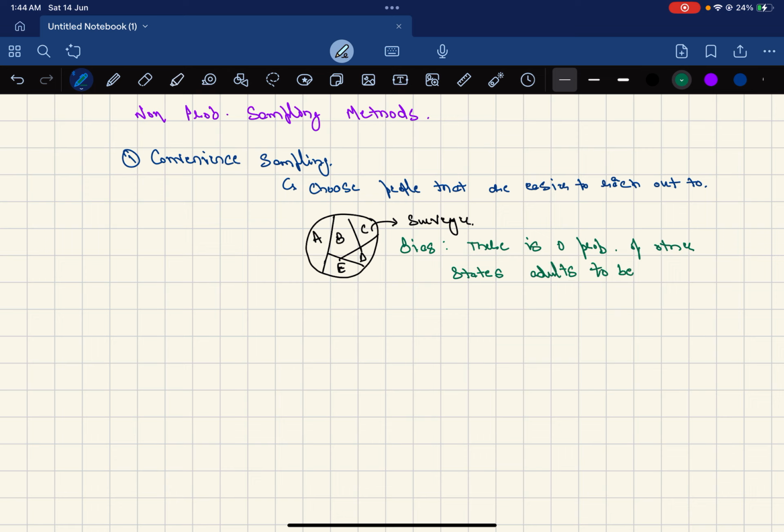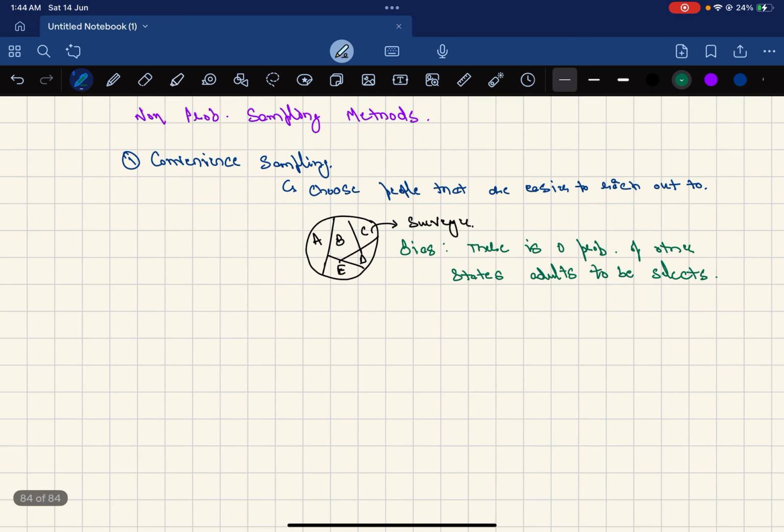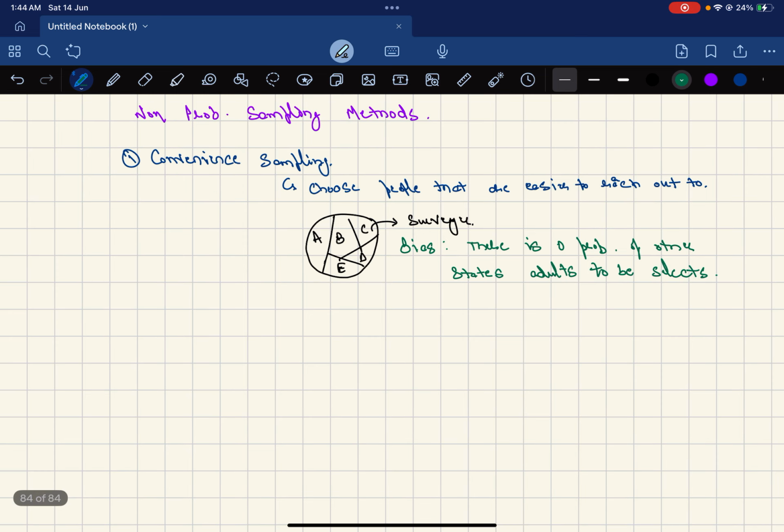This brings some biasness to the selection process. So here what is happening is the surveyor, according to his convenience, is just selecting people from his own state to sample and get the survey, and therefore this is a non-probability sampling method.